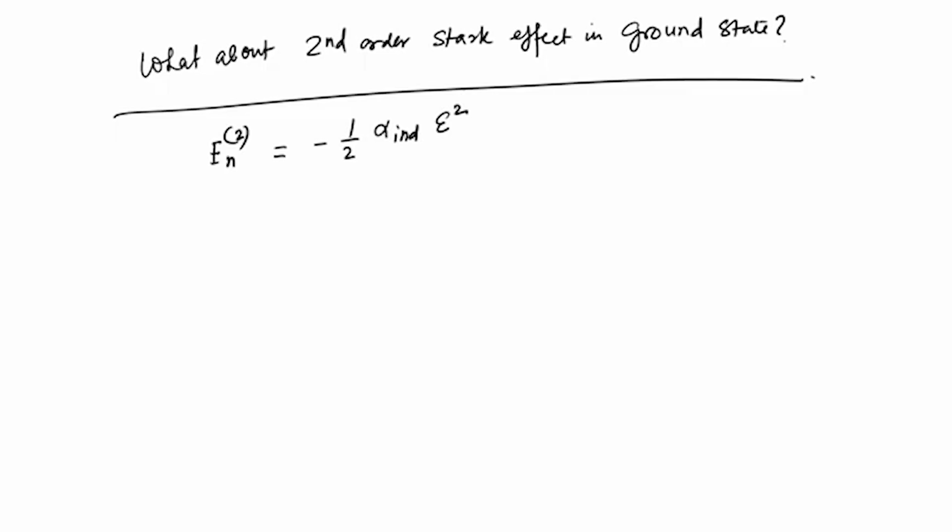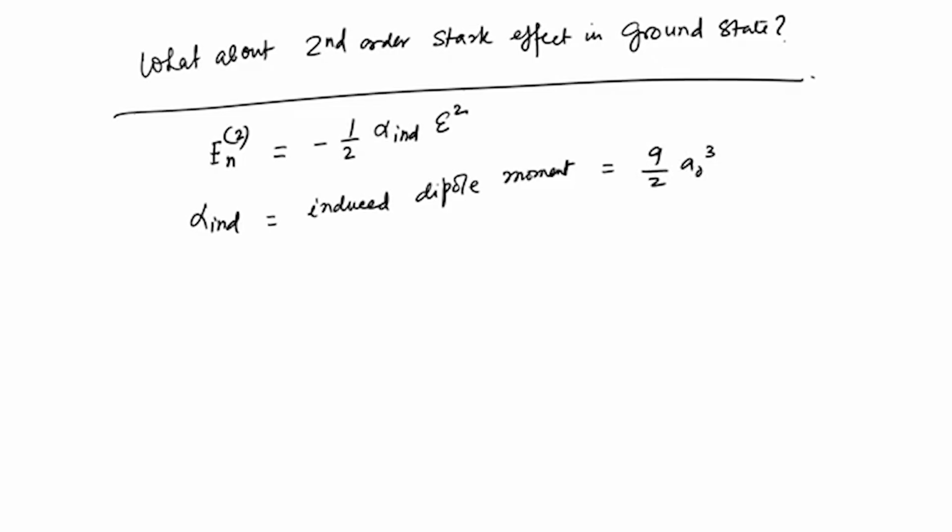Of course, if the electric field is weak, the second order should be even smaller, and this alpha is equal to the induced dipole moment and has a value which is 9 over 2 A0 cube, where A0 is the Bohr radius.